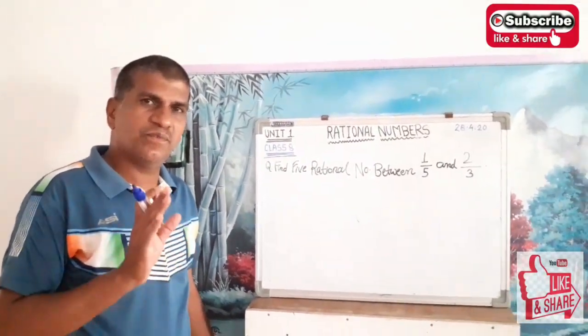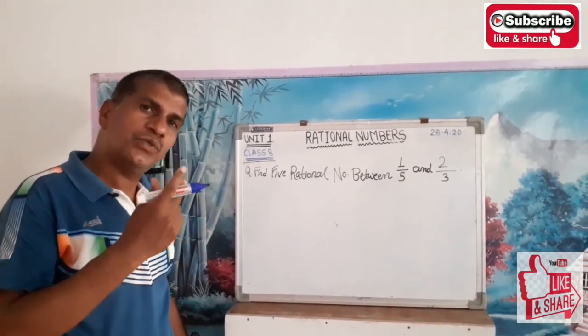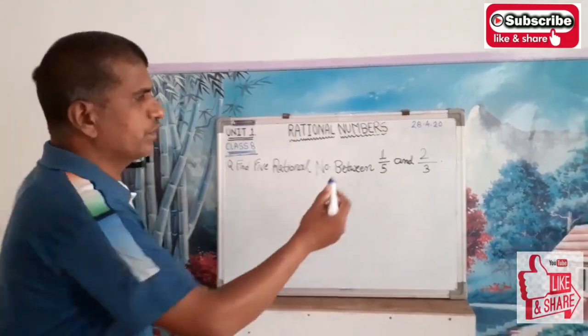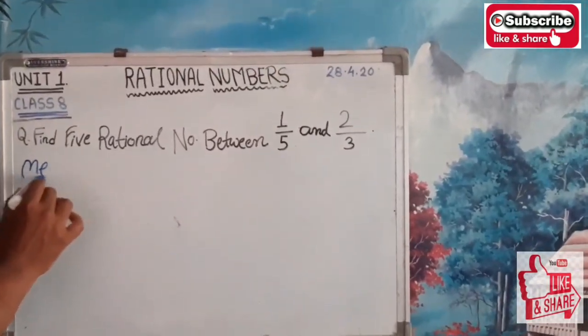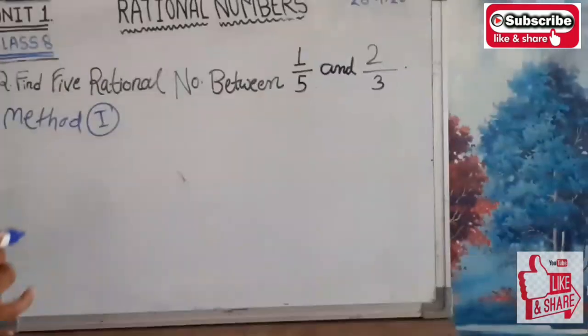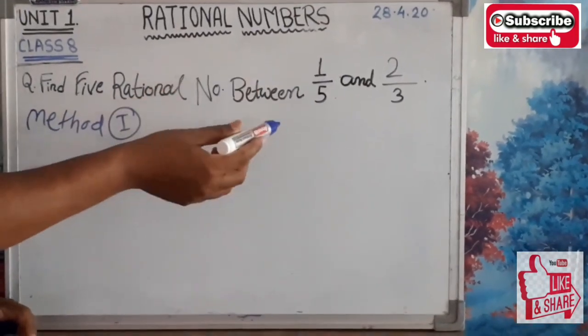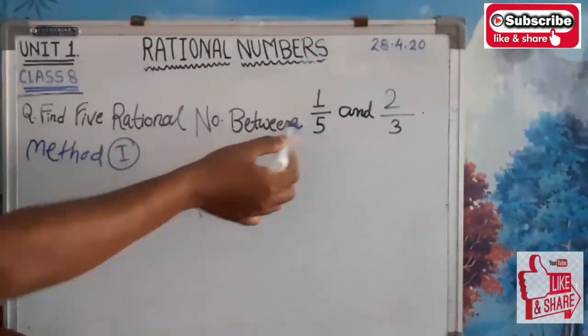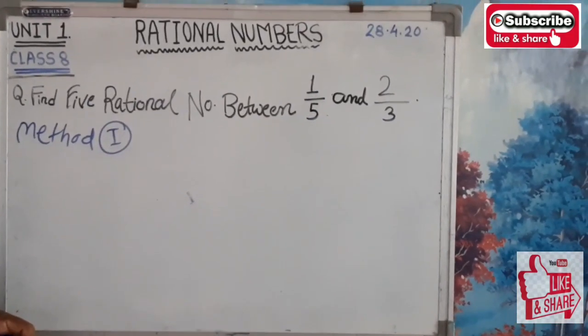Now we have to find rational numbers between two given rational numbers. Suppose 1 by 5 and 2 by 3. The first method is to make the fractions equivalent. Here the denominator is 5 and the other denominator is 3.